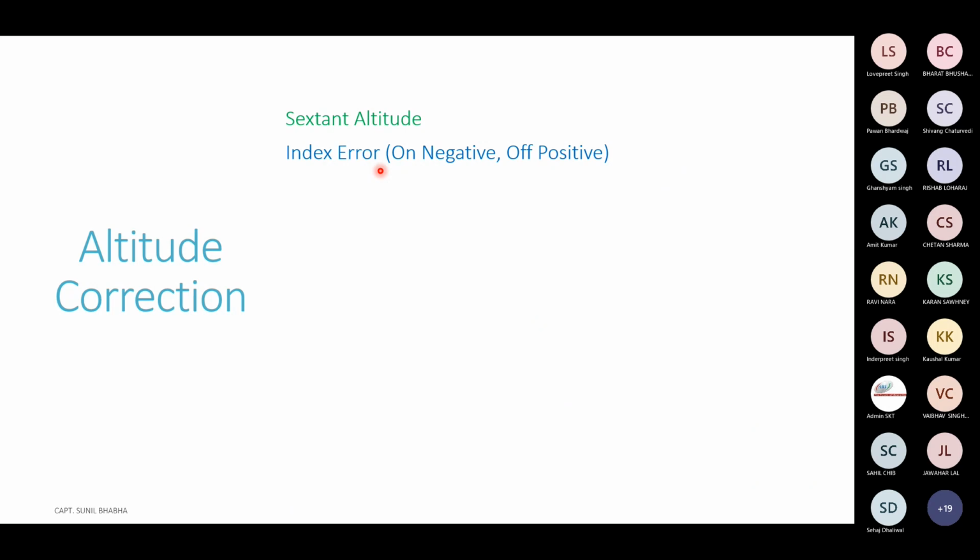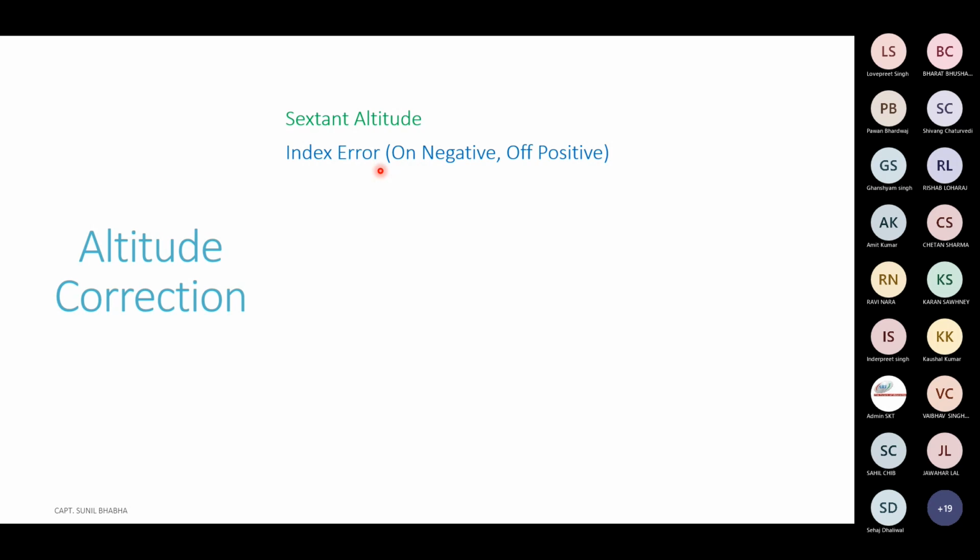Now, as far as our MMD questions are concerned, this index error is provided to us in the question itself, and we need to apply it to the sextant altitude. Now, how is the index error applied? The index error is defined as either on the arc or off the arc.